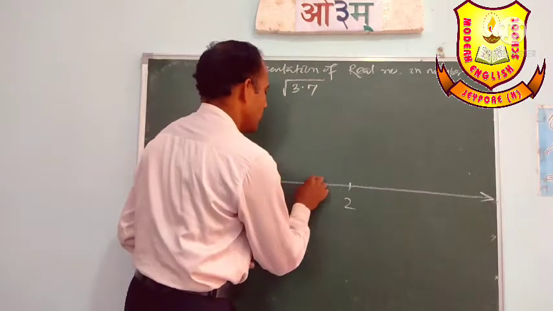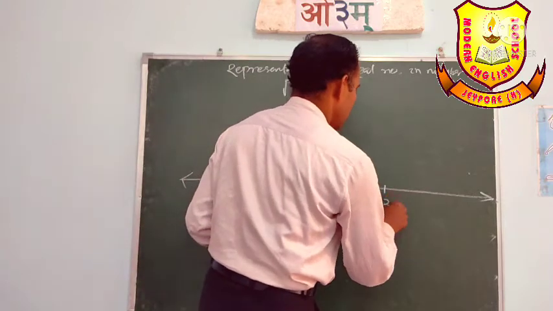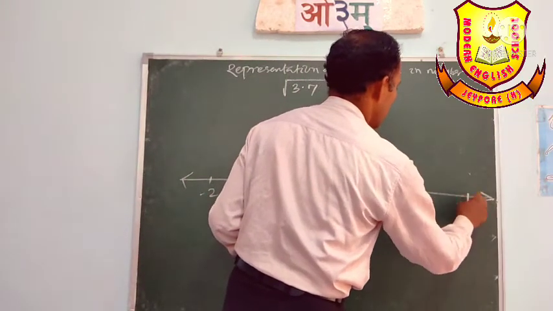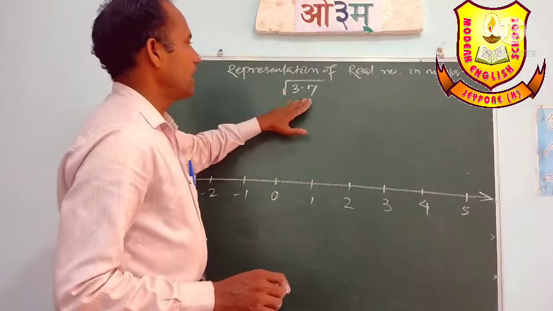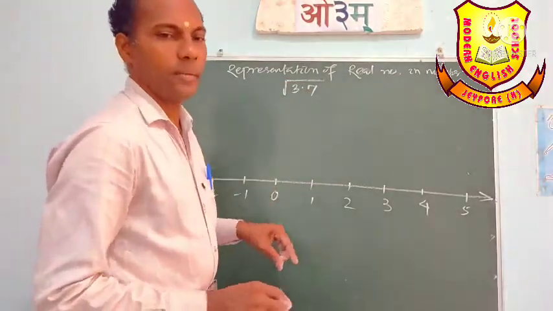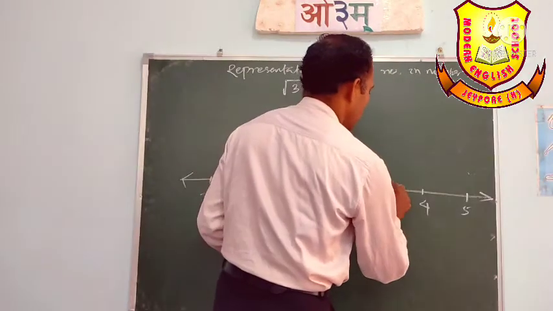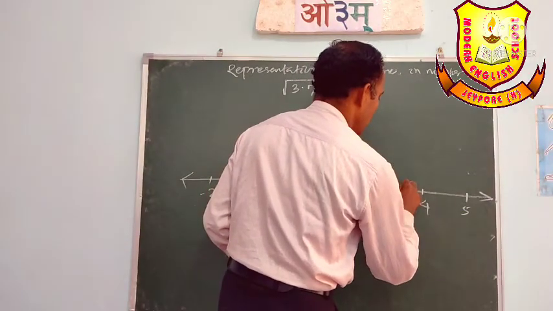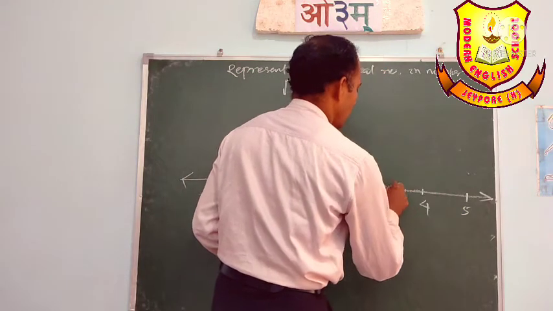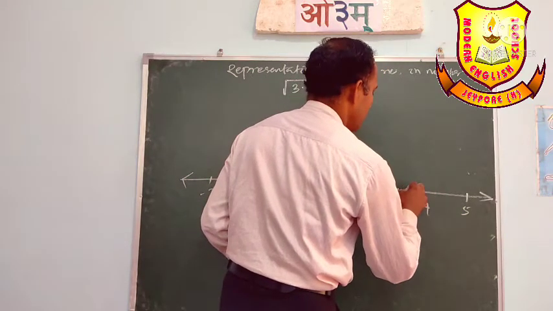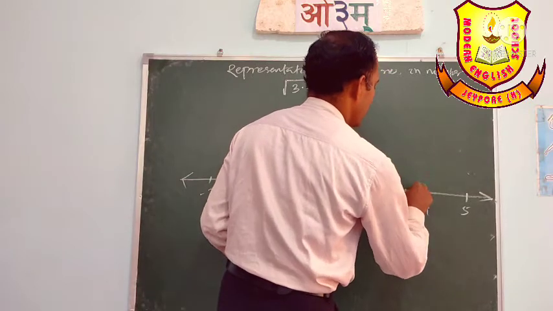So this is 0, this is 1, 2, 3, 4, 5. We have to take 3.7. Where is it? 3.7 is this one: 1, 2, 3, 4, 5, 6, 7. Then another point you will take, that is 4.7: 1, 2, 3, 4, 5, 6, 7.